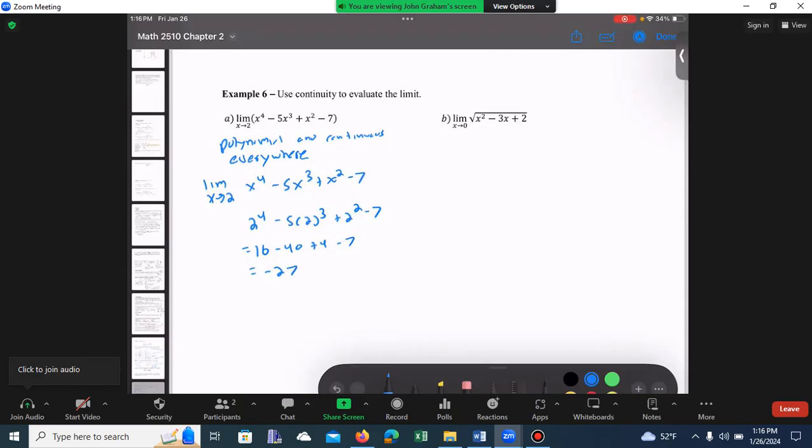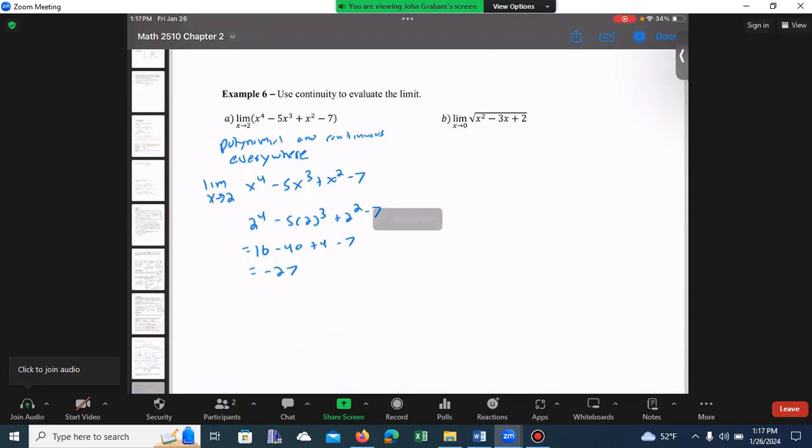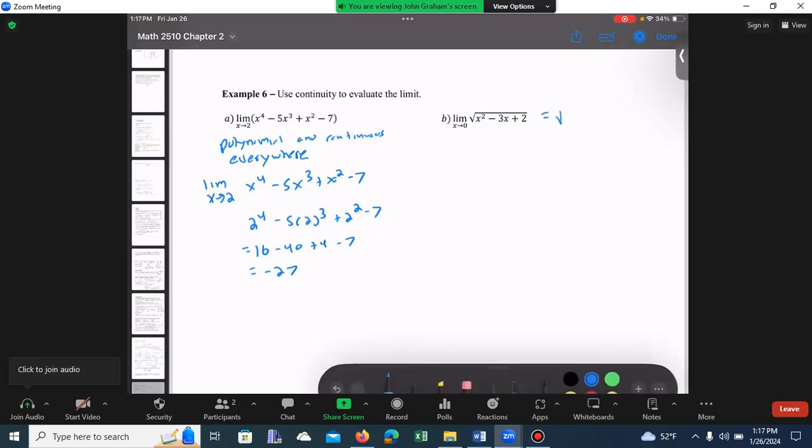In this case, we have limit as x goes to 0 of square root of x squared minus 3x plus 2. We can factor this: x minus 2 times x minus 1.